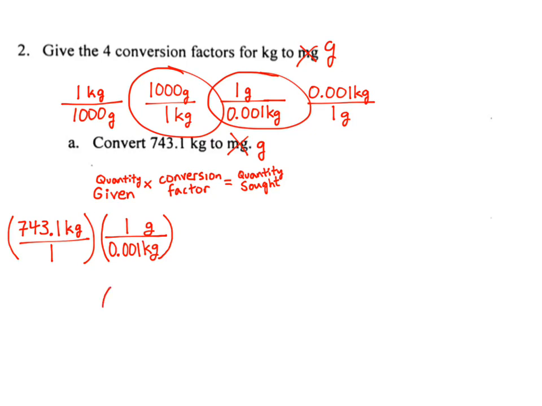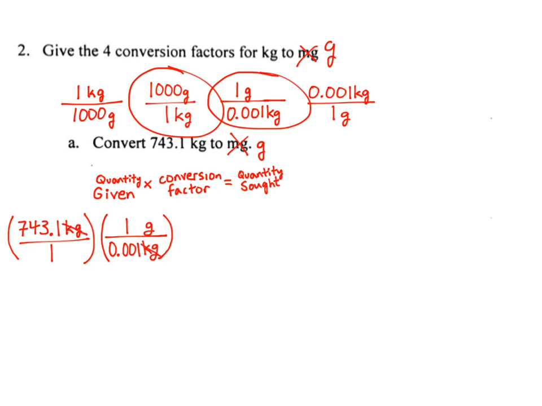Now, you could also write this as 1 gram over 10 to the negative 3 kilograms, because that is equal to 0.001 kilograms. That would be the equivalent conversion factor. It says exactly the same thing.